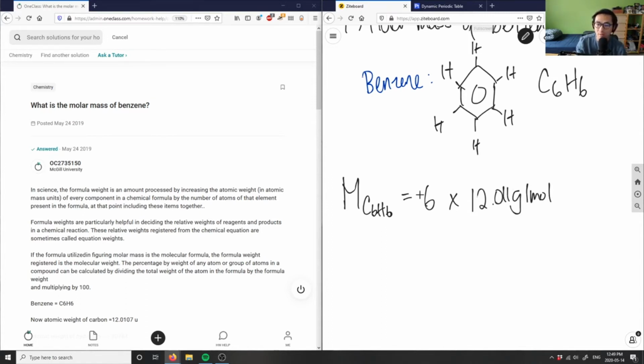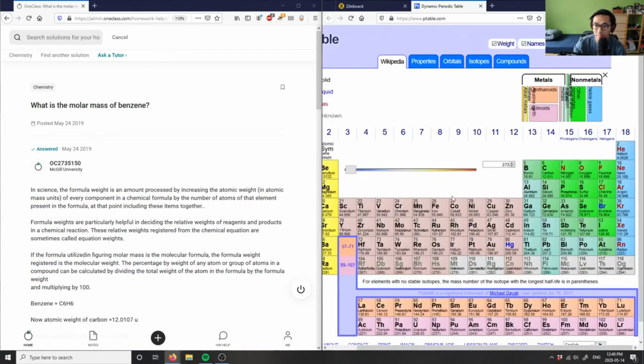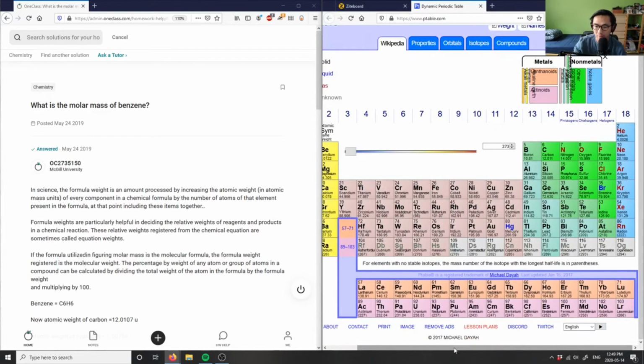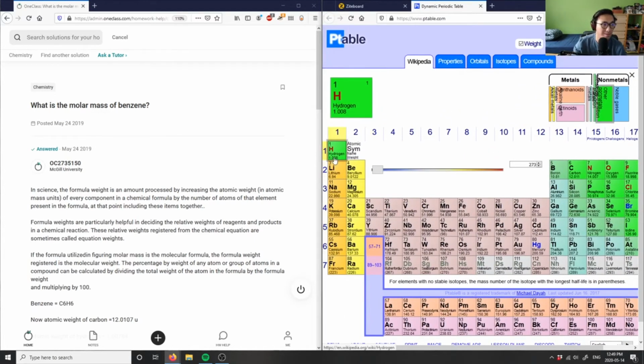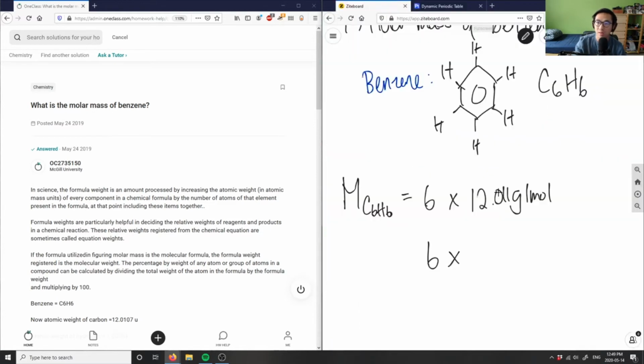I have 6 times that, and also 6 times hydrogen, since I have 6 hydrogens as well. Looking at my periodic table, hydrogen is 1.008 grams per mole.